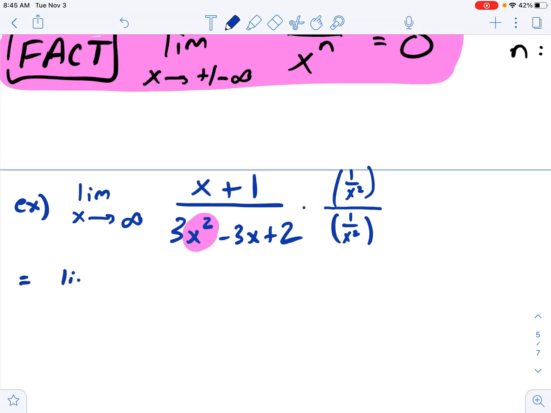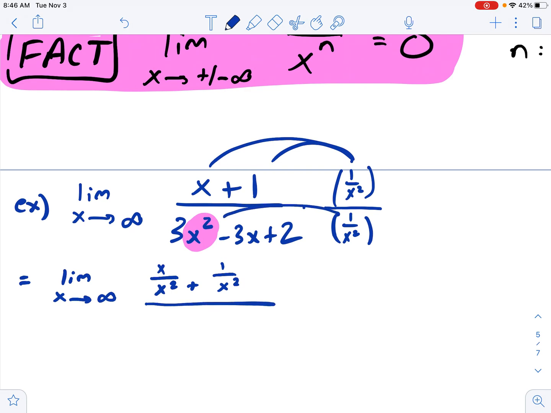So let's see what happens when we distribute. This is going to become the limit as x approaches infinity. So up top, I'm going to have x over x squared plus 1 over x squared. Down below, I'm going to have 3x squared over x squared minus 3x over x squared plus 2 over x squared.